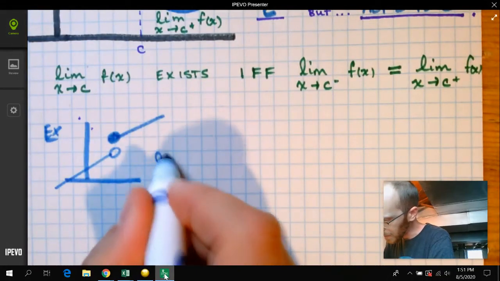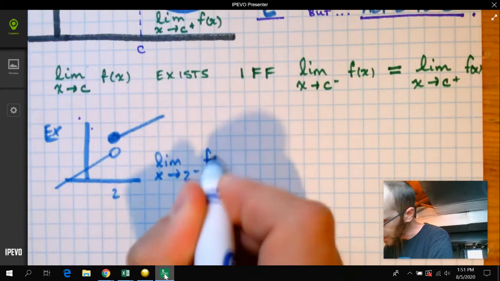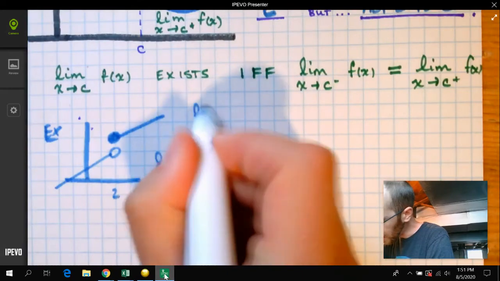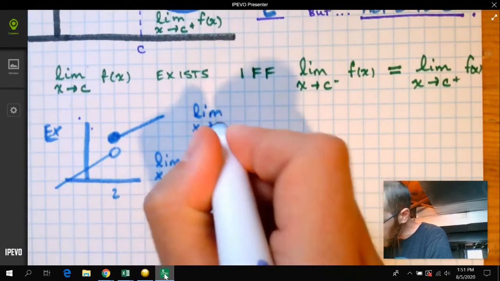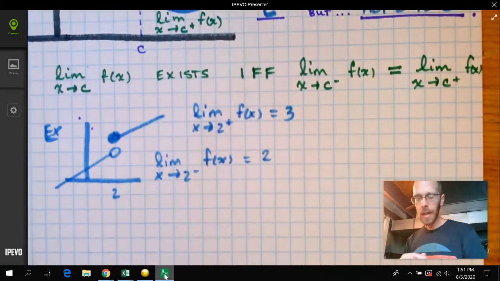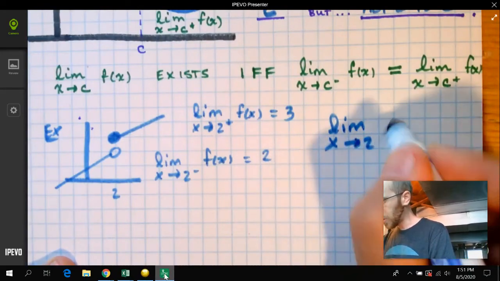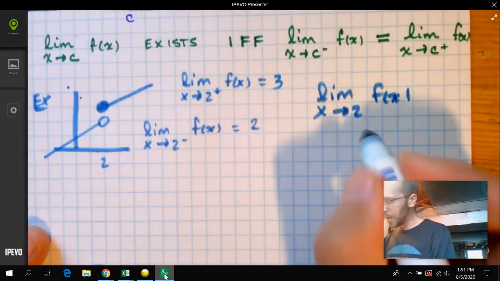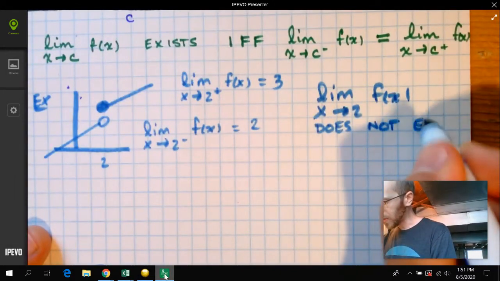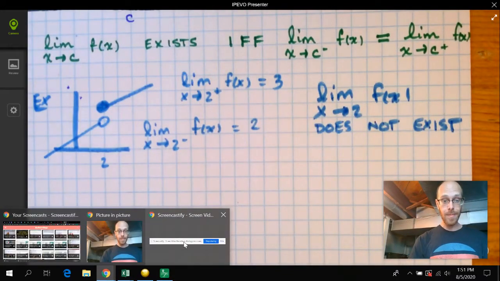You can see that the limit from the left side, as we're approaching 2, is equal to 2, and the limit as x approaches 2 from the right side of this function is equal to 3, and that means that the limit as x approaches 2 of the function in general does not exist.